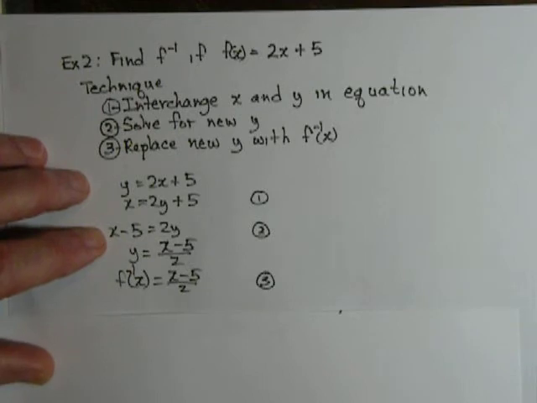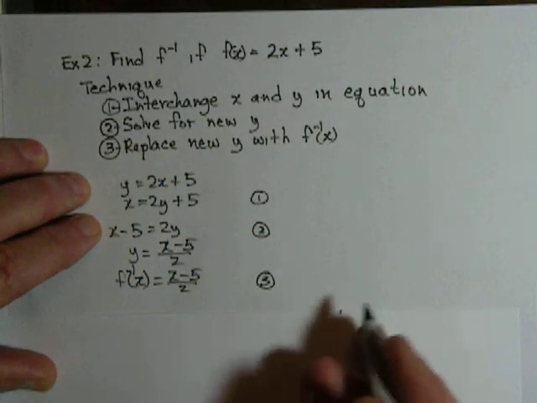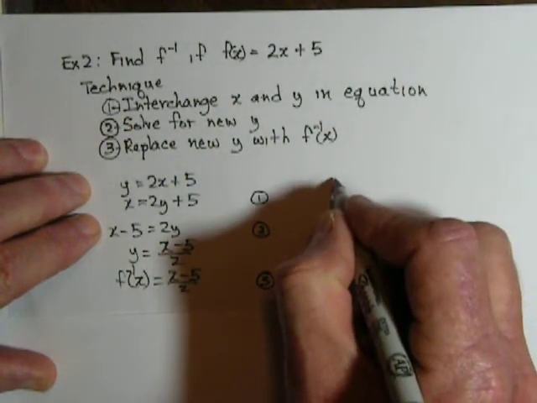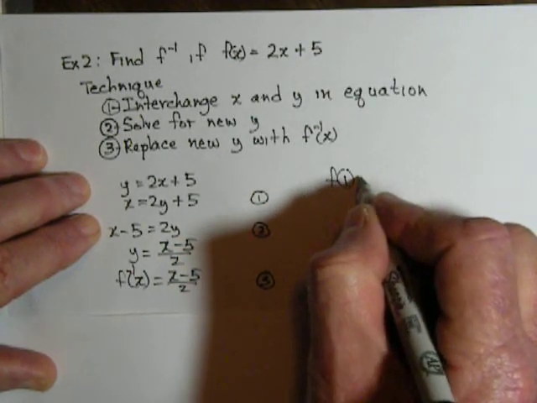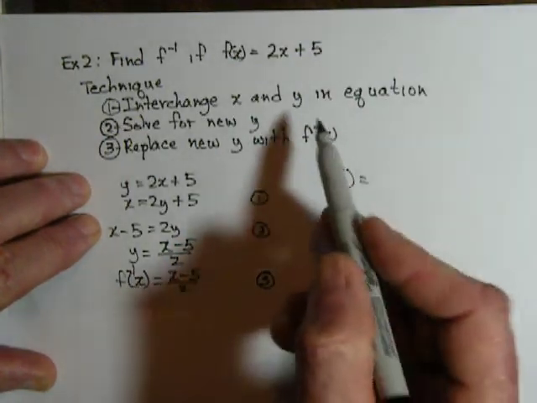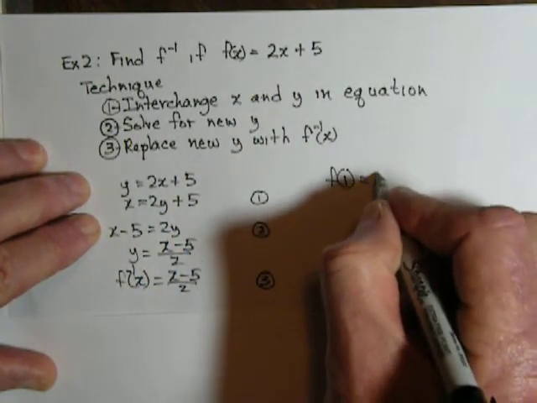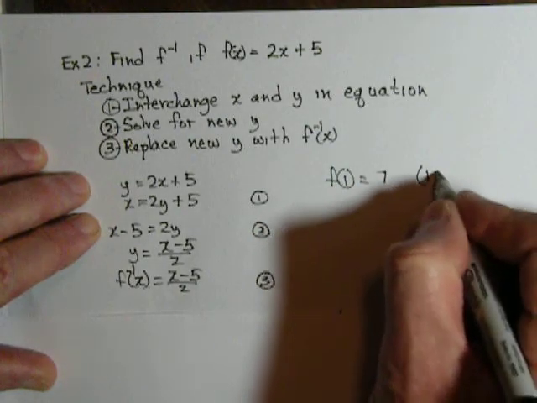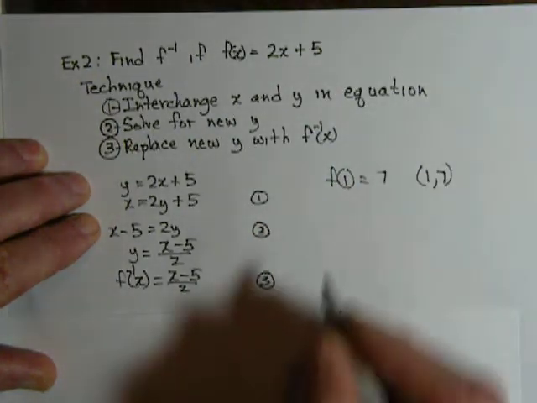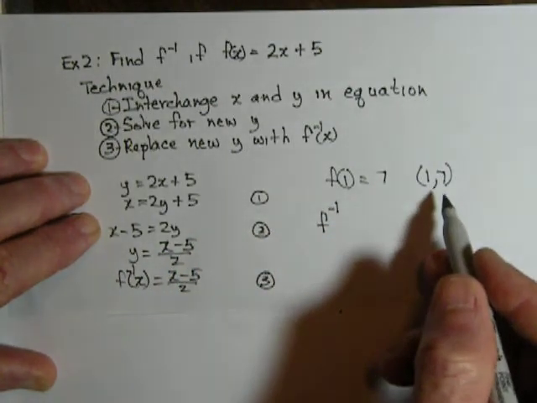Now, what I'm going to do is just verify this. So here's what we're going to do. Let's just create an ordered pair in the original function. So let's say x is 1. F of 1 means put 1 in here and work it out. 2 times 1 is 2, plus 5 is 7. So what we just did was create the ordered pair 1, 7. Now let's look at F inverse, and remember what it's supposed to do is turn the ordered pairs around.